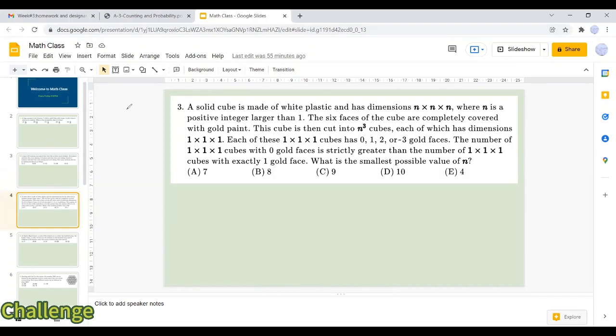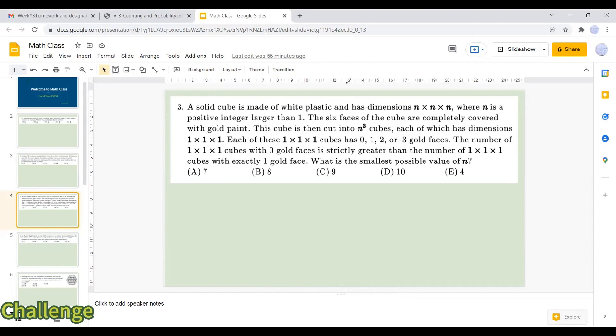So this question is basically stating that there is a cube of dimensions n. So n could be 4 by 4, 5 by 5, or anything. So what could be the smallest possible value of n? And the cube is made out of 1 by 1 by 1 cubes.